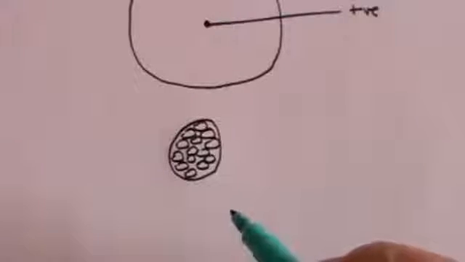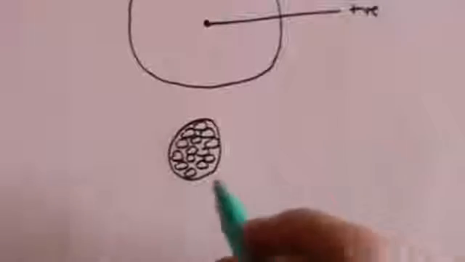But since nuclei are stable, that must be because something is holding them together, and whatever is holding them together is stronger than what's trying to push them apart, and the thing that's holding them together is the strong nuclear force. So we say that the strong nuclear force must be stronger, that's why it's called strong, than the electromagnetic force or the Coulomb force, which is trying to push them apart.